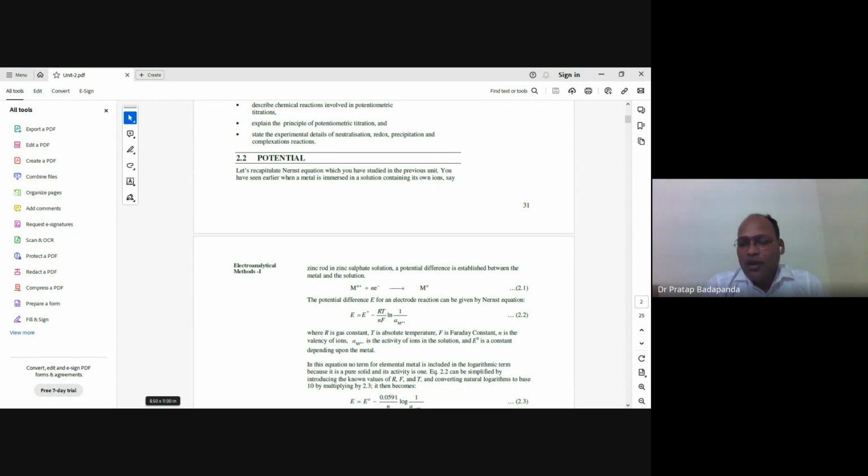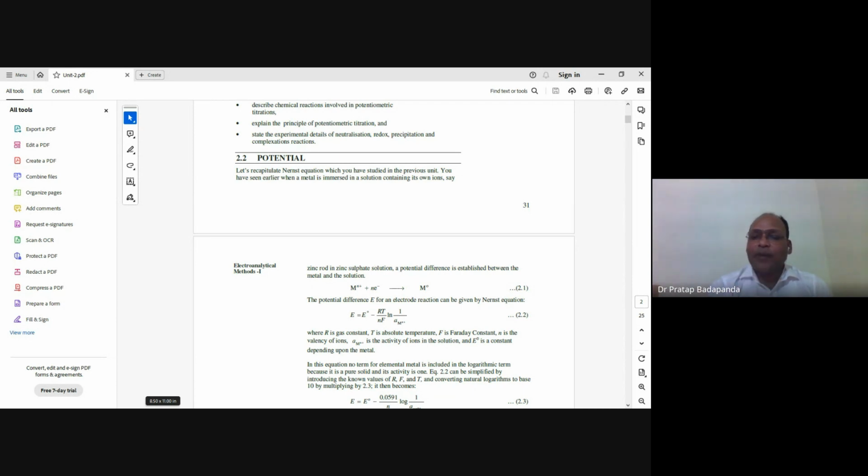Then ln. We represent this thing as ln, but there is a relationship between ln and log. We know the log calculation, but we don't know the ln calculation, right? So ln will convert to log: 1 ln is equal to 2.303 log. That is a constant 2.303 value.